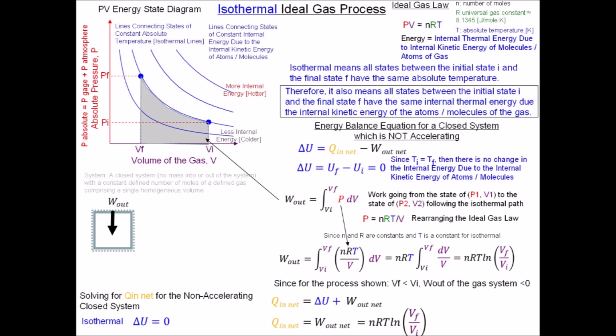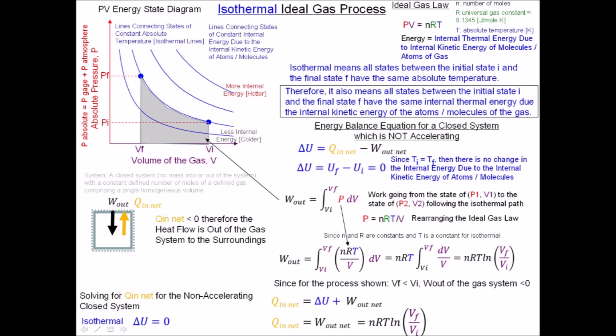Now referring to the closed system process energy state diagram shown in gray below the PV energy state diagram, it's helpful to include all the types of energy terms: the internal energy term, the energy in terms of heat transfer, and the energy in terms of work transfer, which occurs at the boundary, so at the dashed boundary between the system and the surroundings.